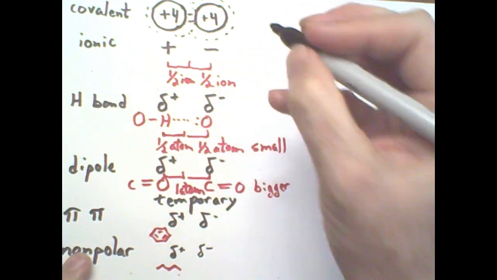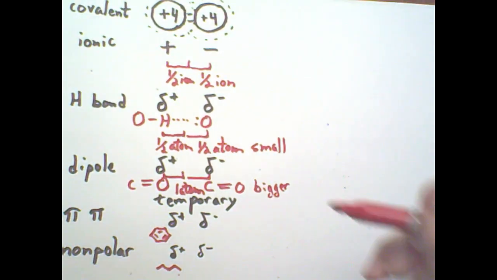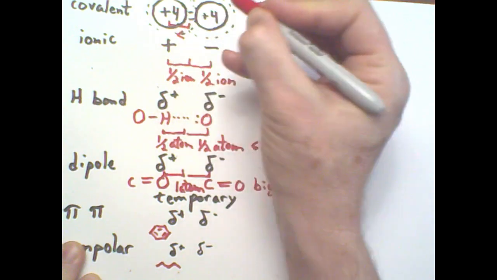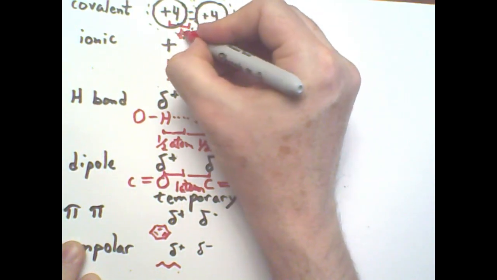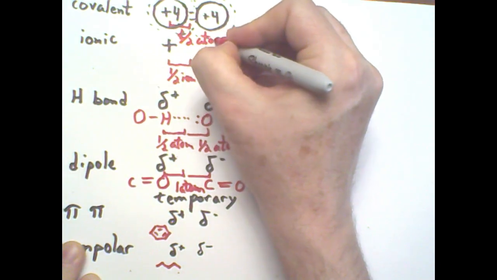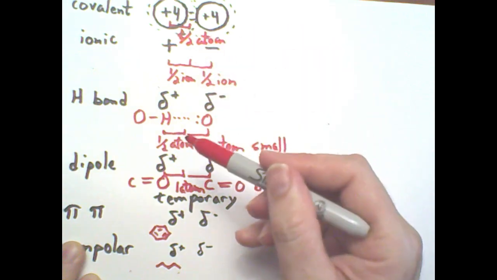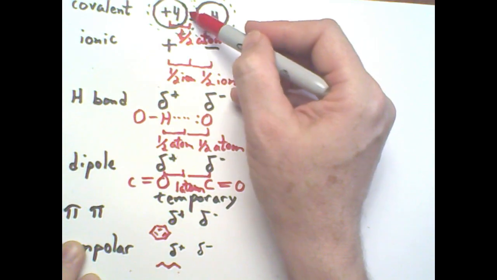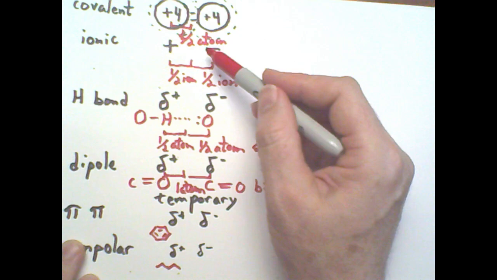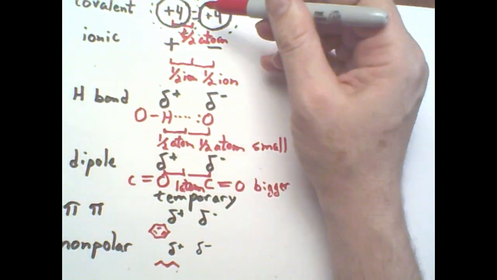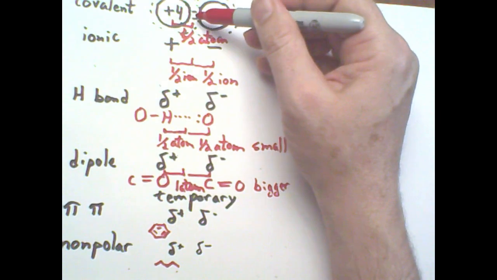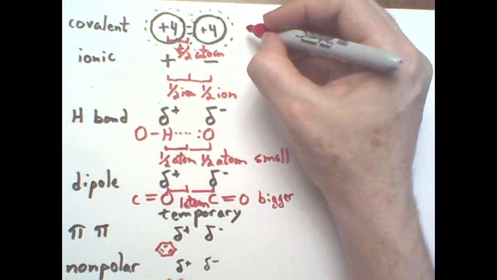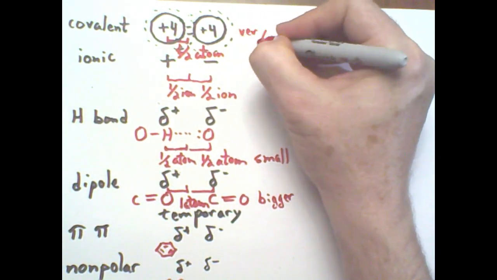So the distance between the plus and the minus is only 1/2 of an atom. So it's twice as close as, say, this oxygen to this hydrogen. Now we're talking just from the valence electrons to the core, a distance of half an atom. So you can see how bigger charges, +4 and -2, and shorter distances make these covalent bonds very strong.